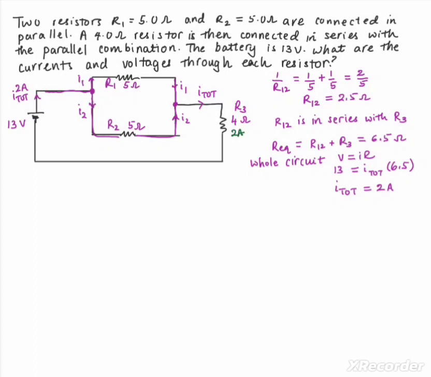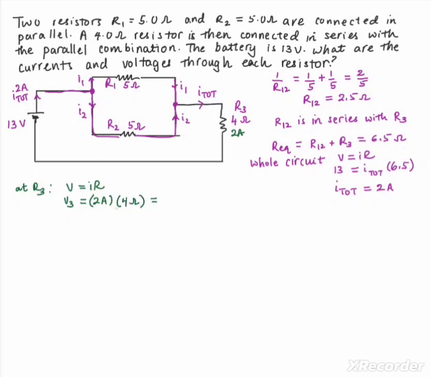Now what else can we find at R3? So at R3, let's do V equals IR. So V3 is what we want to find. I3 is 2 amps that we found here. And then R3 is 4 ohms.